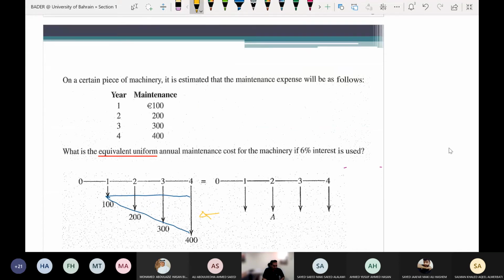So find A given G. What happened is that the other part of the students, some people stopped at this stage, some people added more.